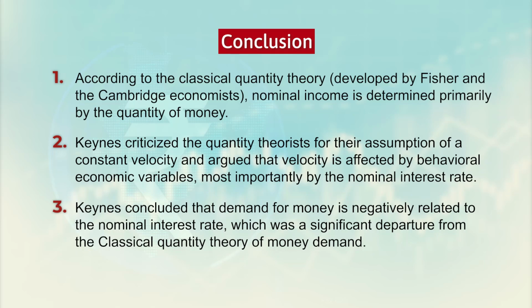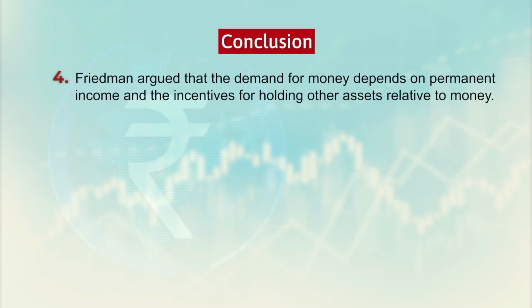And Keynes also came up with the idea of the liquidity trap. And then comes Friedman. Friedman argued that the demand for money depends on permanent income and the incentive for holding other assets relative to money. So instead of money, I can invest some money for other purposes.